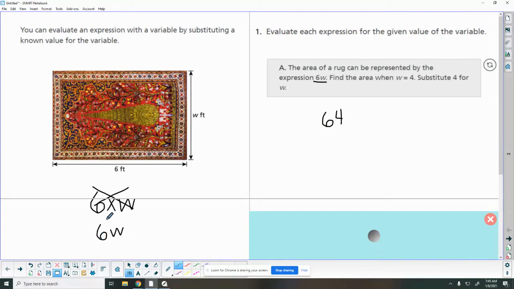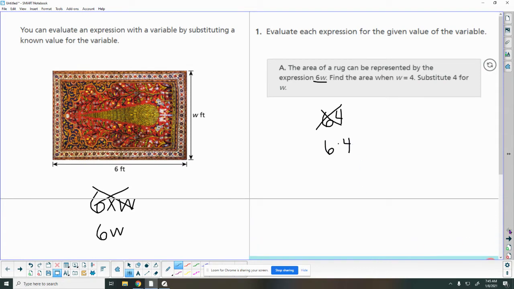Remember, this is 6 groups of W. So now we need to add back in that operation sign and do 6 times 4. So watch when you're multiplying. When you are just doing a variable, you don't need that sign. But when you have numbers, it's not 64, it's 6 times 4 that will tell you that answer.